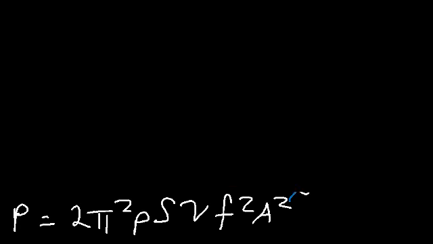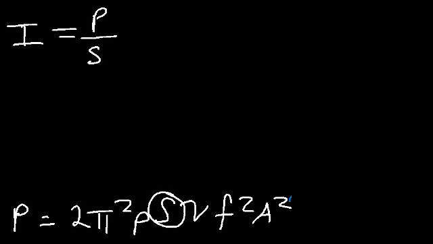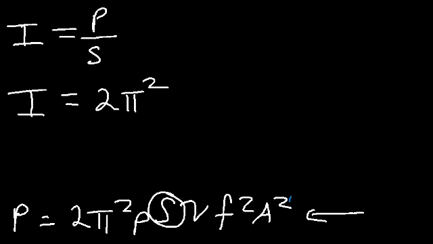Now that we have the power of the sound wave, we could come up with an equation that tells us the intensity. The intensity is equal to the power divided by the area. In this case, the area, the cross-sectional area, is S. So if we divide this expression by S, the intensity is simply going to be 2 pi squared times the density times the speed of the wave times the square of the frequency and the square of the amplitude.